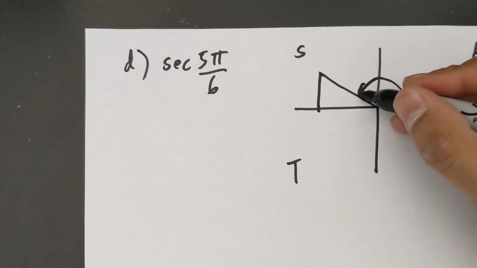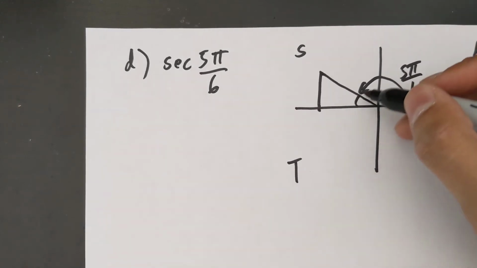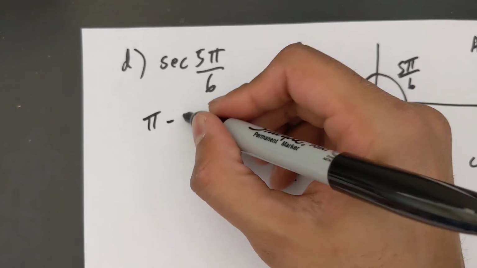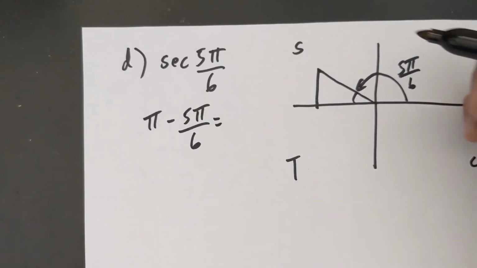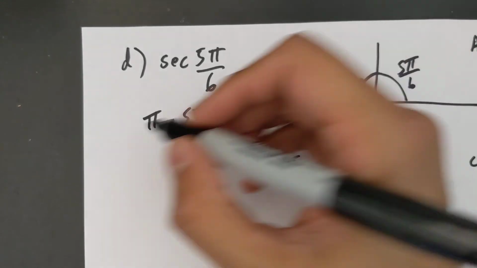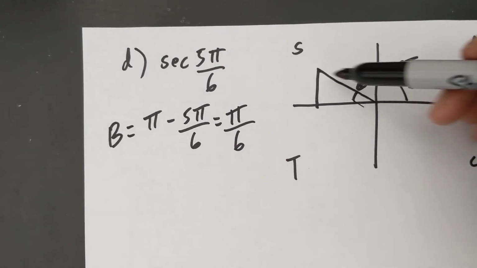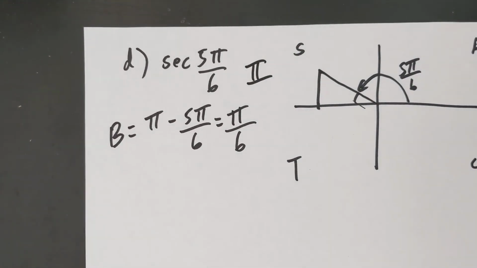I know this full angle is 5 pi over 6, which means this tiny angle over here is pi minus 5 pi over 6, which is pi over 6. So that's what beta is. My quadrant is quadrant 2 right there.